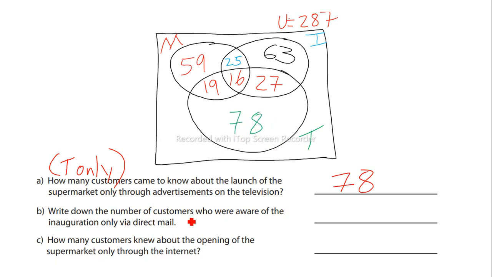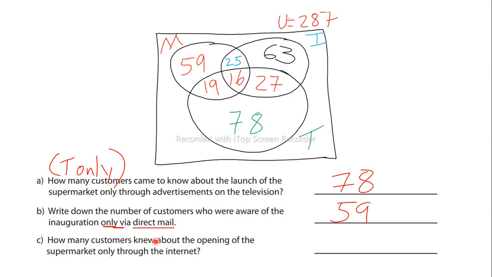Next: write down the number of customers who are aware of the inauguration only via direct mail. 59. Very good, 59 because they only wanted direct mail. So that's this portion.